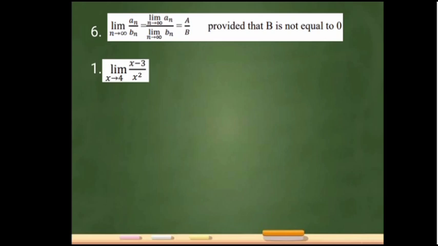So, for example, limit x minus 3 over x squared as x approaches 4.